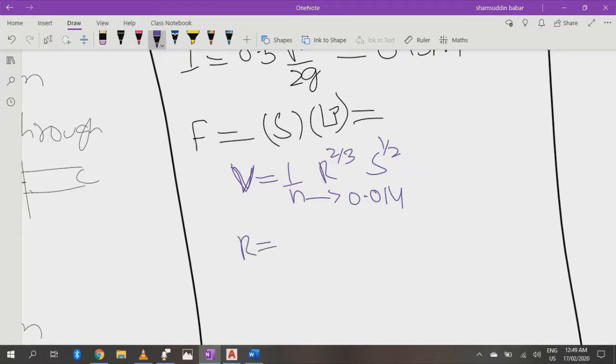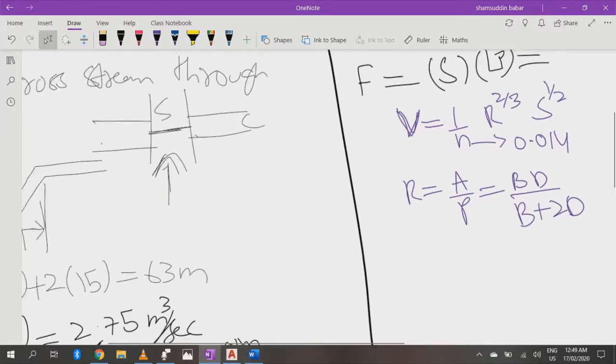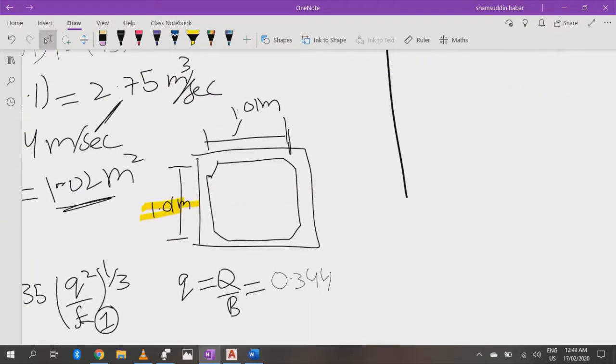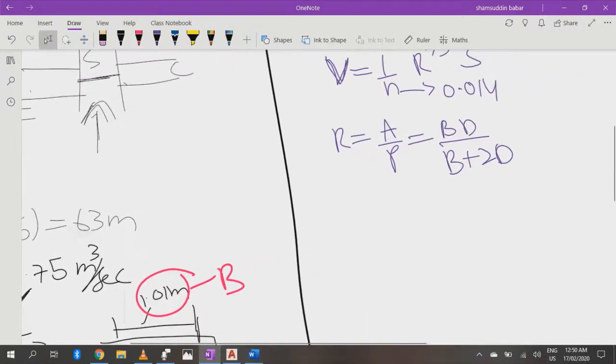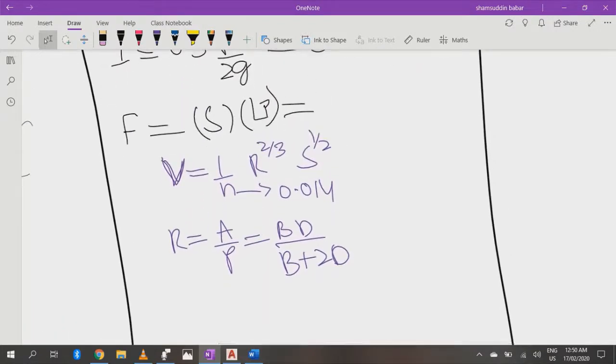R is equal to A over P. For barrel, A is equal to B into D, and for perimeter we have the formula B plus 2 times D, from where we can find out B and D. These are our B and D. This is B and this is D. Through area we find out D. Now coming back towards our question, if we find out everything using all these values, I am directly putting my answer, 0.47 meter.